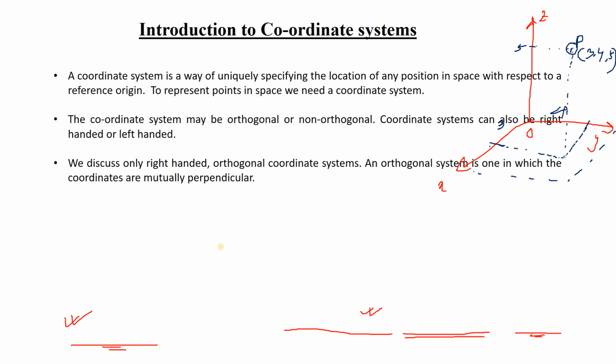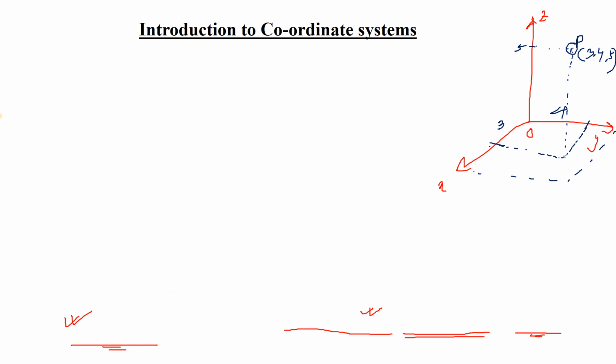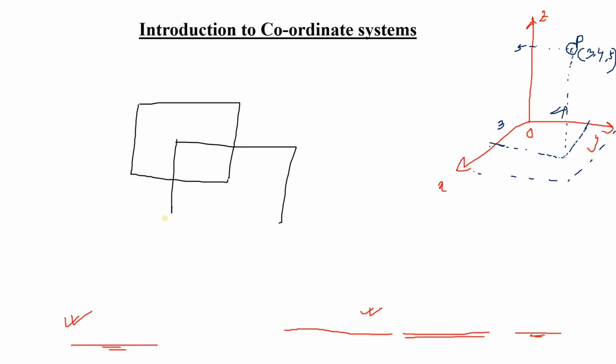But if you are unable to understand, then I will go to the previous one over here. Suppose we have a rectangle like this. We draw a rectangle or a cube. A three-dimensional rectangle is called a cuboid. We draw like this.